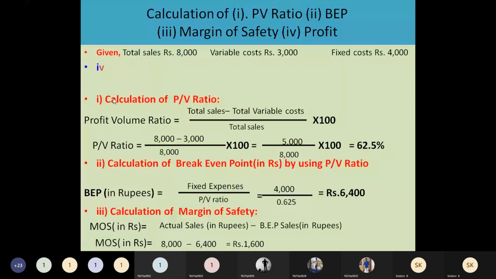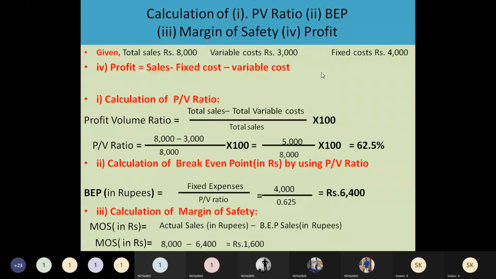And the last point that we need to calculate here is profit. For profit, we are going to take the formula that we discussed while I explained the different formulas of how to derive the profit. Sales minus fixed cost minus variable cost will give you the profit. This was derived from the formula of sales is equal to fixed cost plus variable cost plus profit.